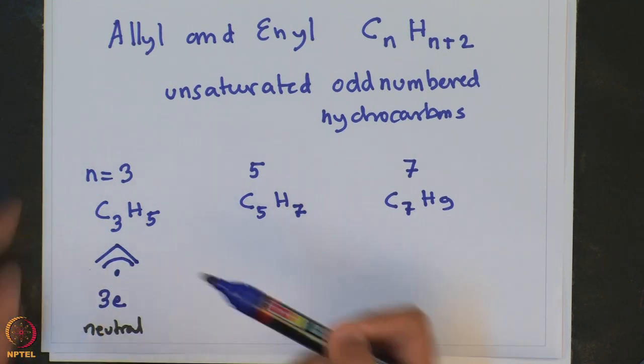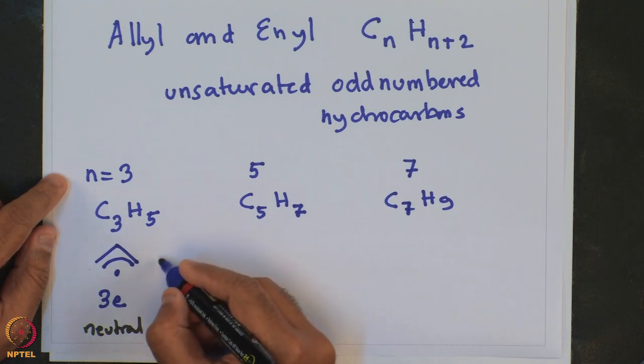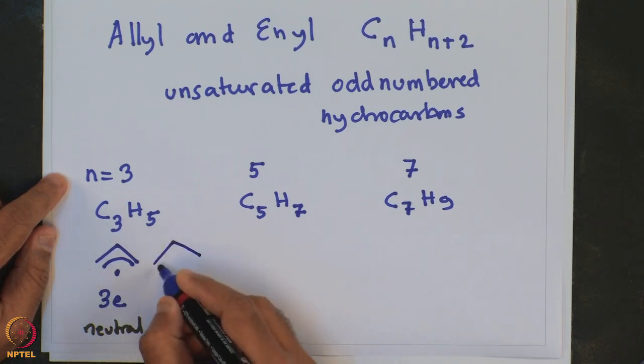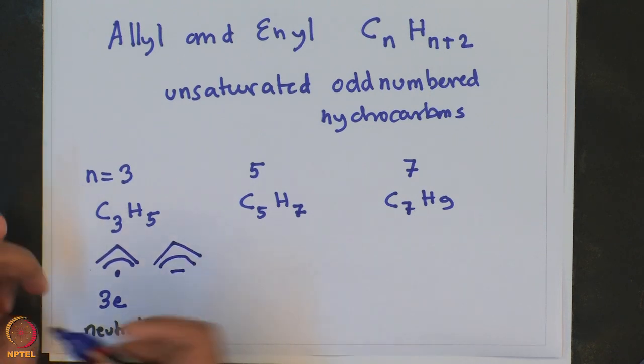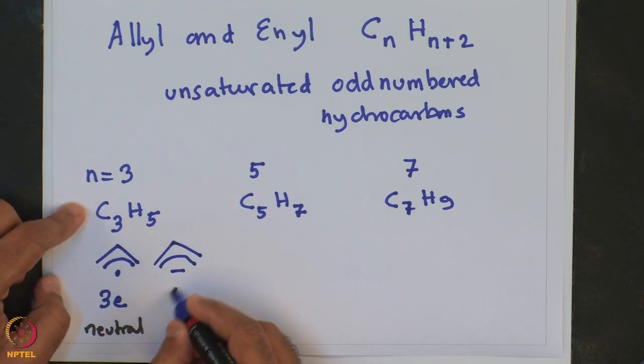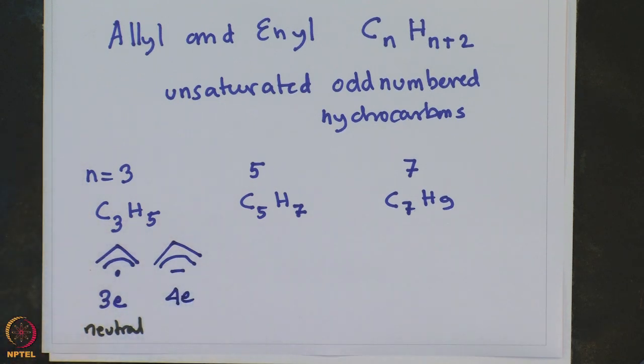In the anionic form, C3H5 exists as an anion, so this is a 4 electron donor.